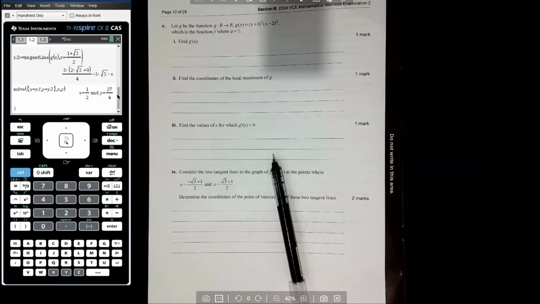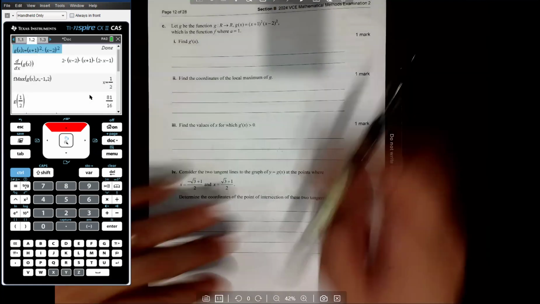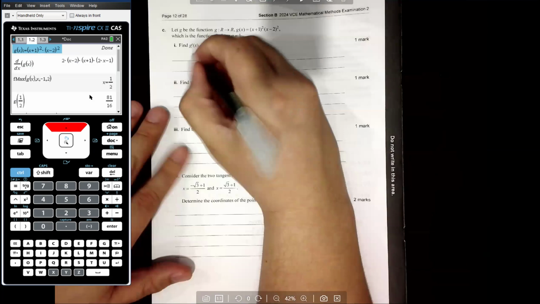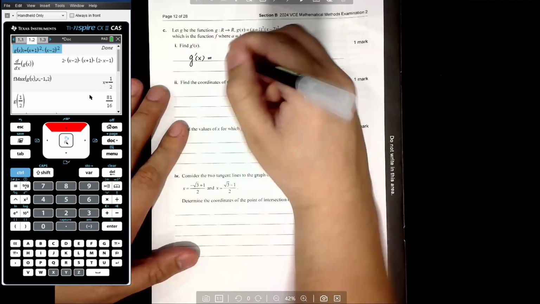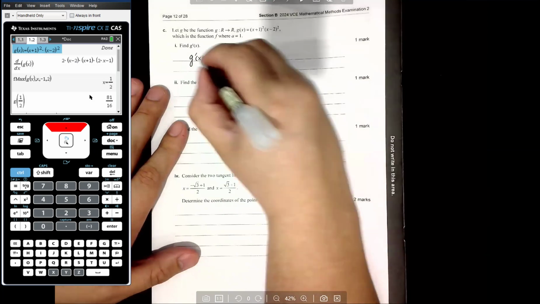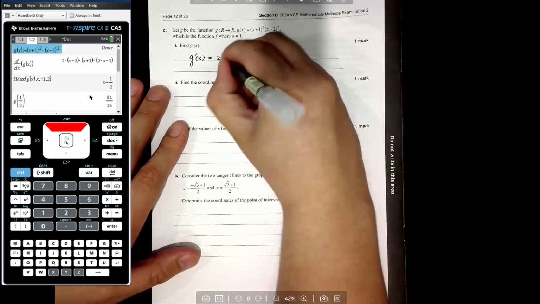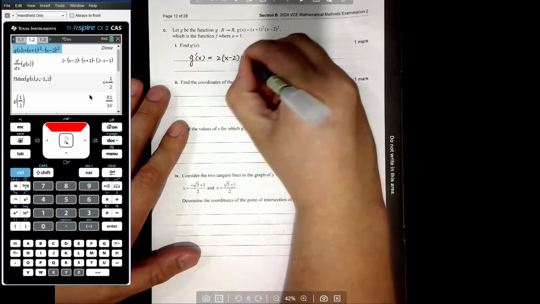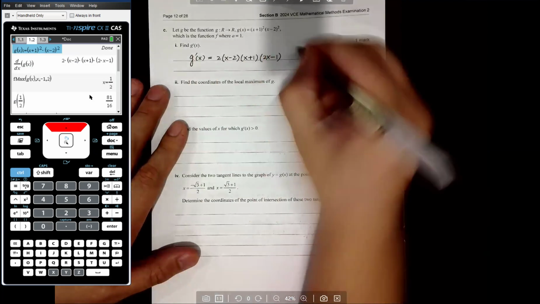All right. So that's a quick rundown of every part using the CAS calculator. So let's get back and finish this part. G dash of x. I'm not just writing down the right-hand side expression. I always start with the correct function name and equal sign, okay? 2 lots of x minus 2, x plus 1 and 2x minus 1.